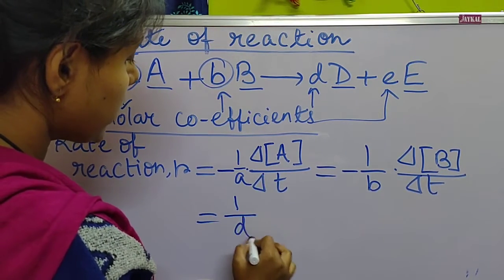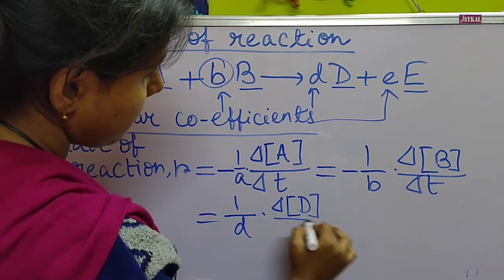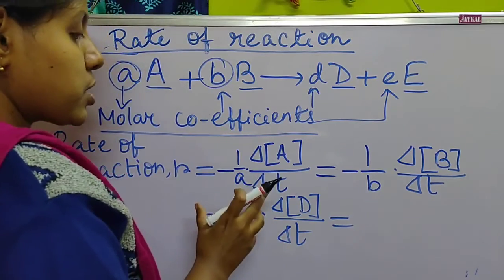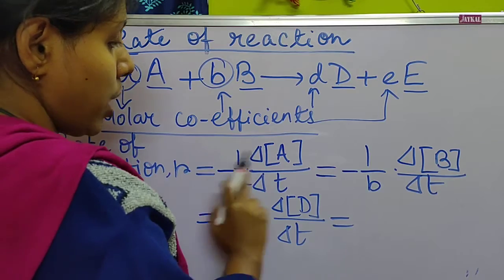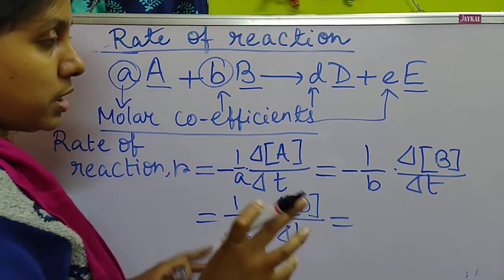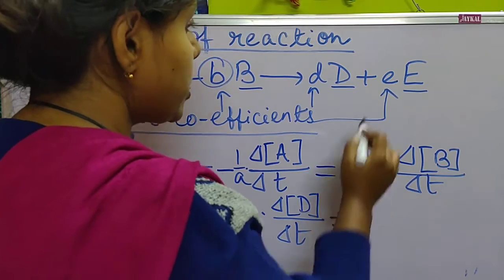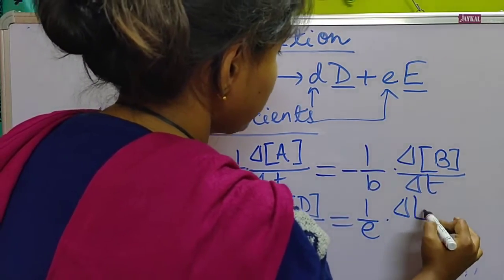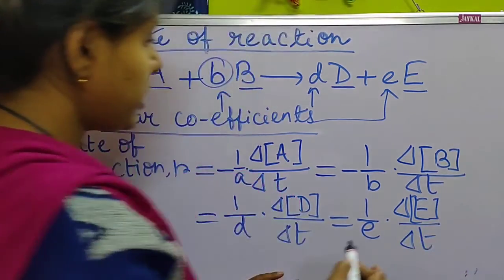So 1 by d is the coefficient, delta D by delta T is equal to, here observe, I have not given any plus sign. Each and every one is an individual expression of this reaction. They are again equal to, in terms of E, 1 by e delta E within third bracket divided by delta T.